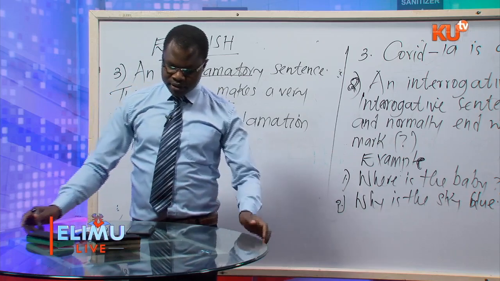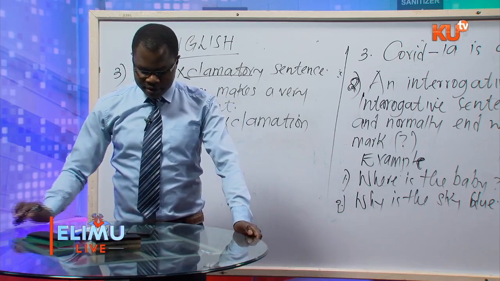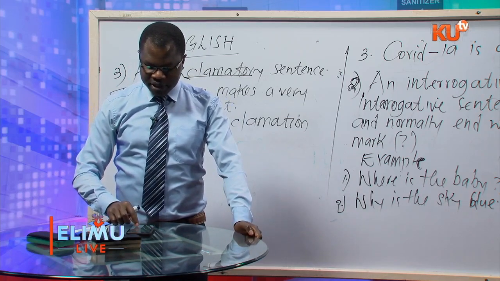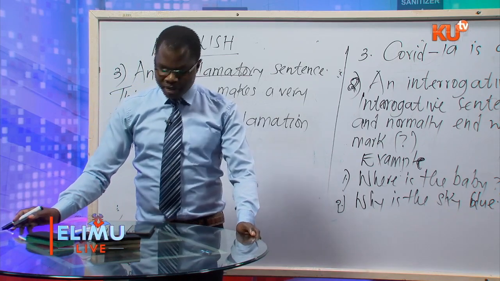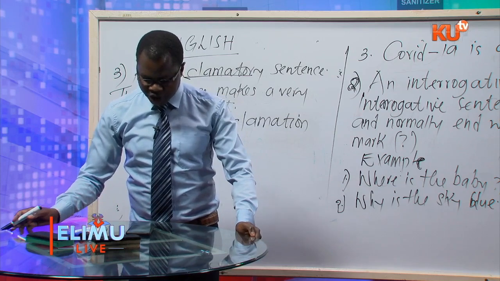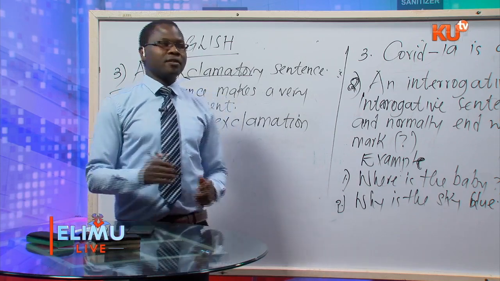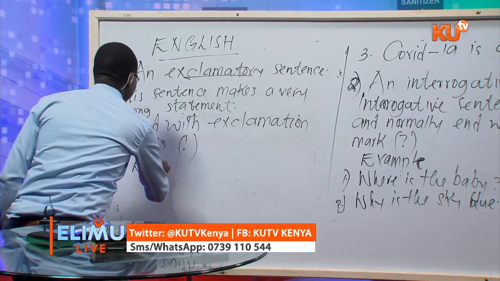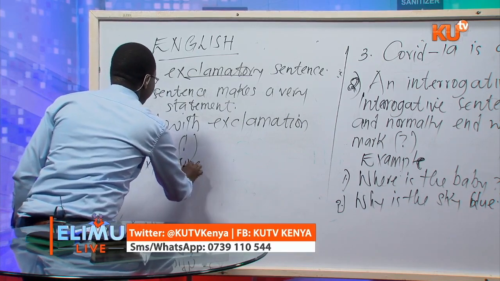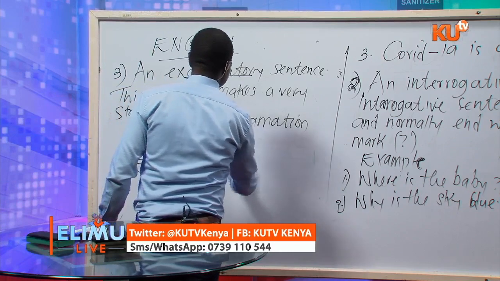So for these types of sentences, exclamatory sentences, they are used to make strong statements, and especially they are used to show feelings. So there is that also element of expressing. They express feelings.